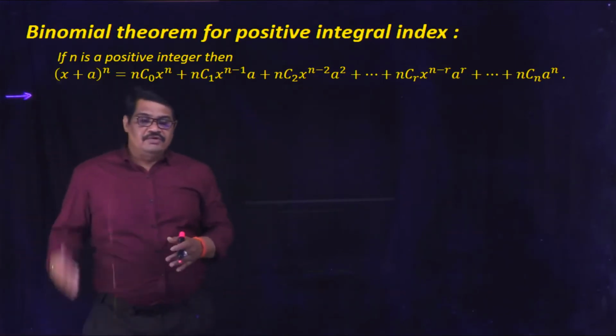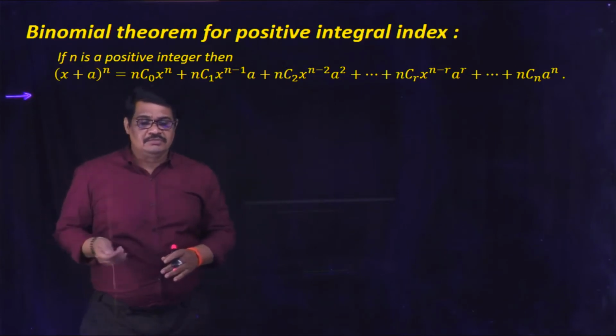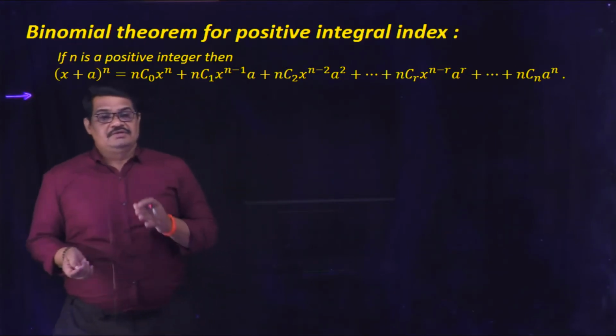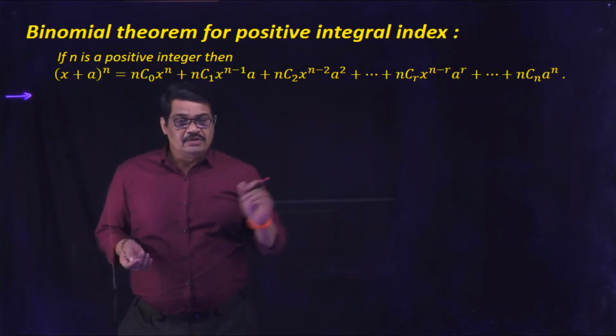So the number of terms is n plus 1. Here the general term is the r plus 1th term, and the coefficients nC0, nC1 and so on, nCn are called binomial coefficients.